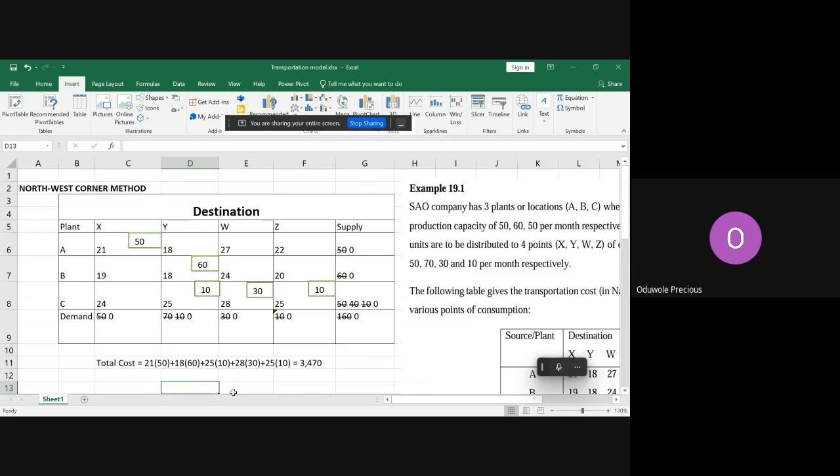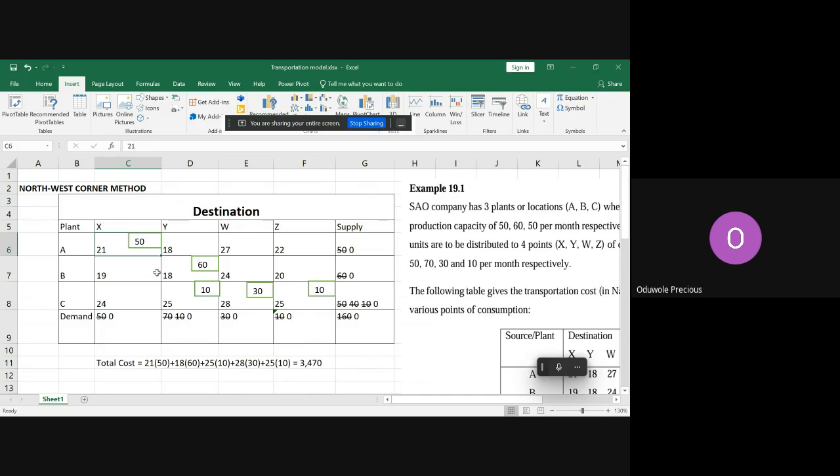Okay. So what do I want to do? In the exam, sometimes they can ask you something like, what is the initial feasible cost in cell XA? So how will you know the initial feasible cost in cell XA? This is cell XA. So that's the 21 times 50. Whatever this gives you is your answer.